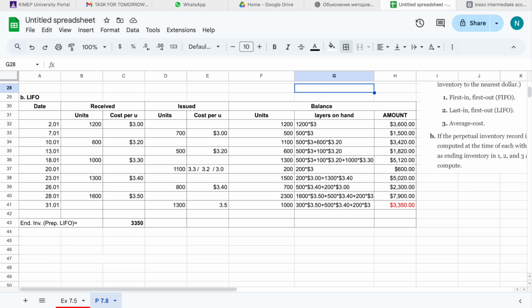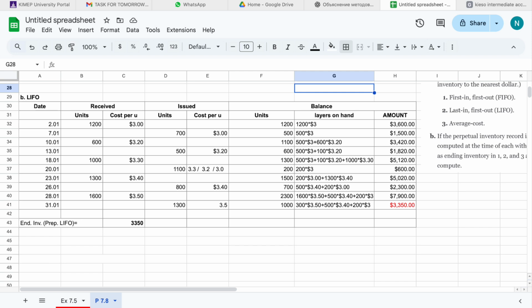So we're going to take from the newest, 3.30. We used 300, so that leaves us 700 at 3.30 plus 100 at 3.20 and the 500 at $3. So it's going to have a total amount of 4,130.